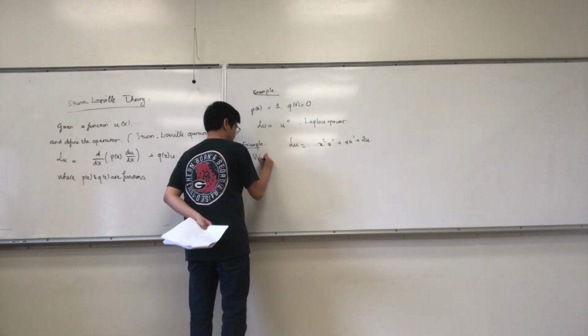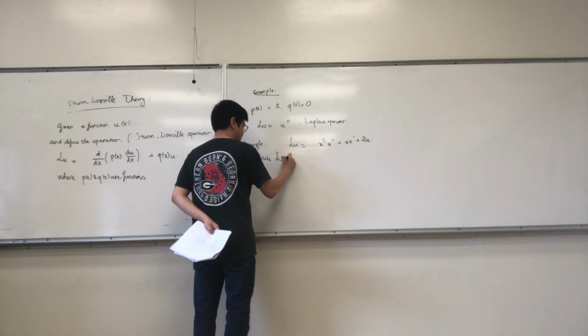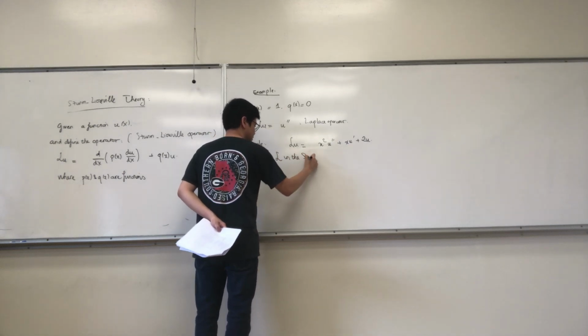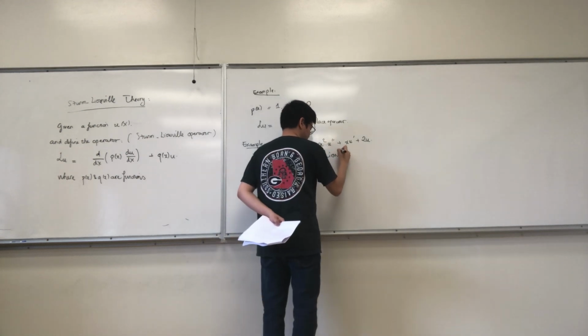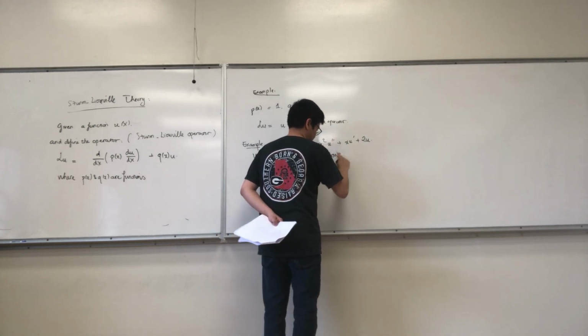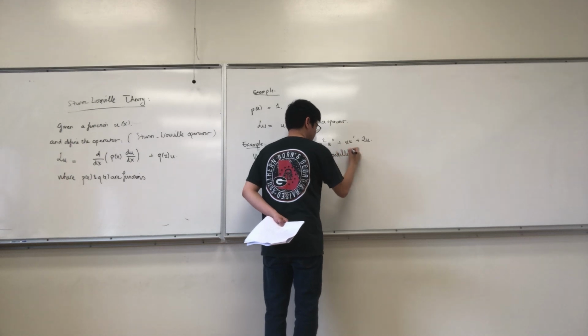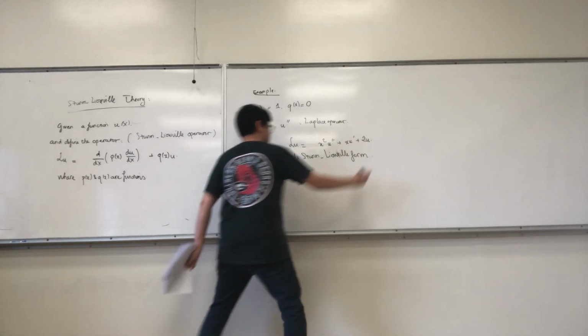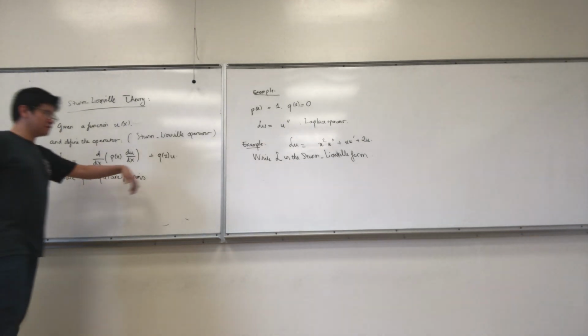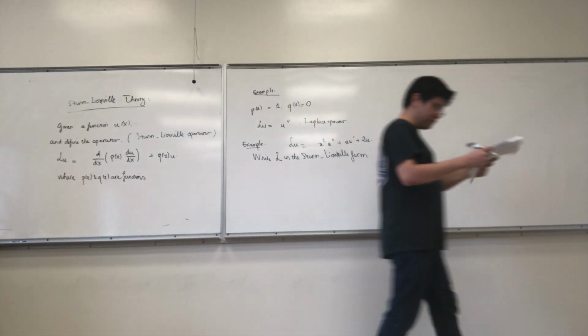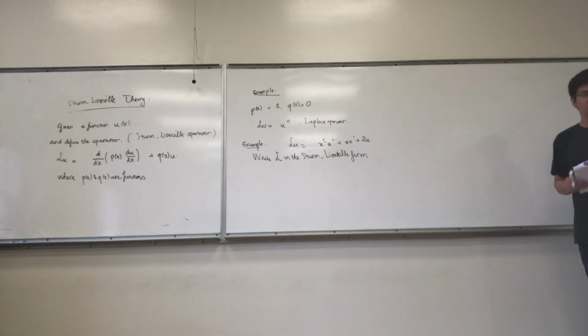So you write L in the Sturm-Liouville form. All right. So now I have this operator. I have to write it under the form of the Sturm-Liouville. So how can I write it?